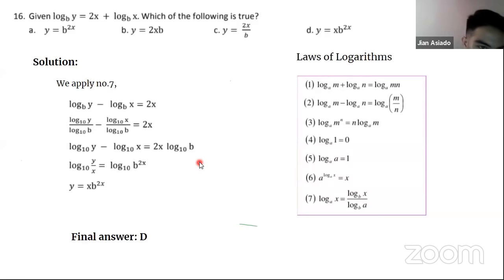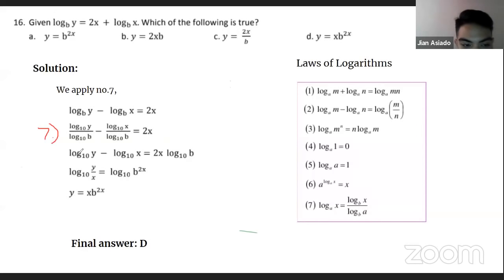So we then apply number 7. Ito, in-apply mo number 7. Dito naman, nag-apply ka ng number 2, kasi division siya, minus.